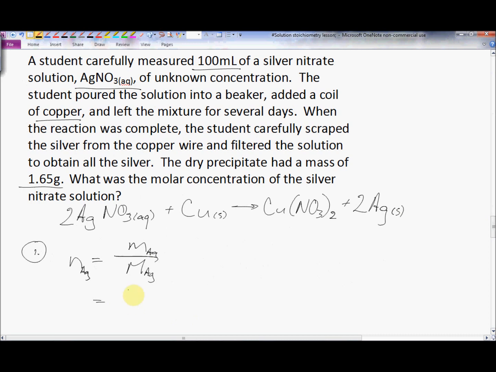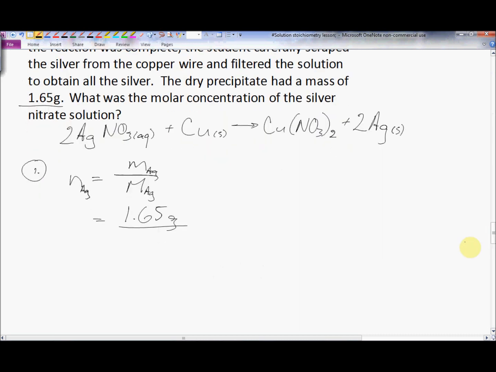So we've got 1.65 grams divided by the molar mass of silver. So that should give us 0.0153 moles. Okay, step one is complete.